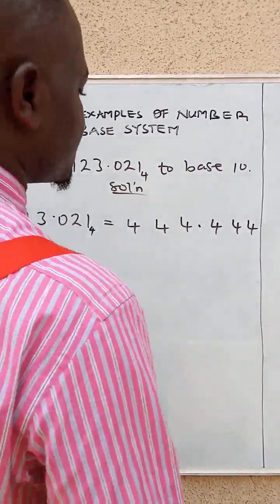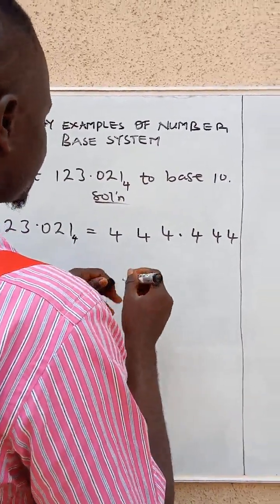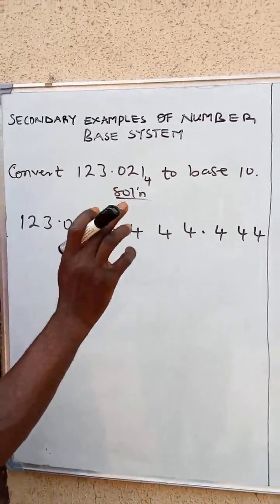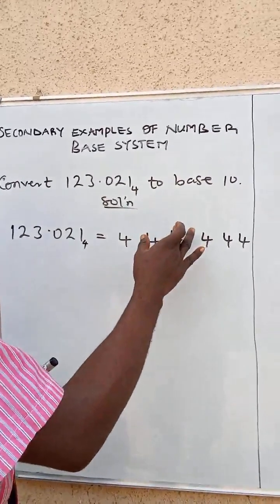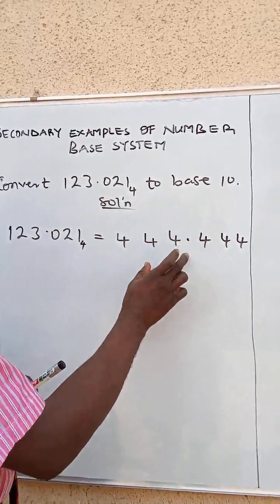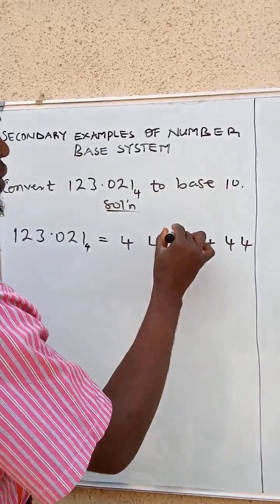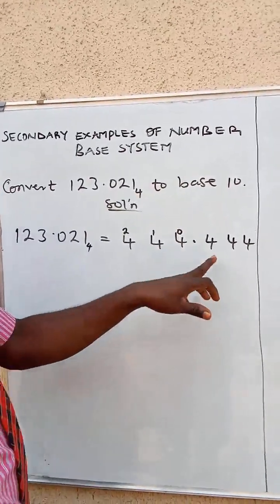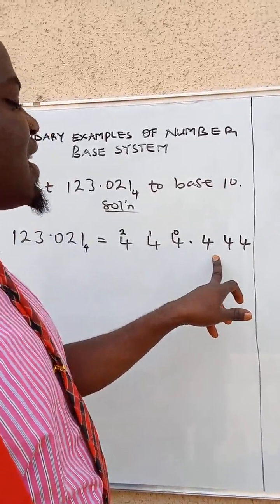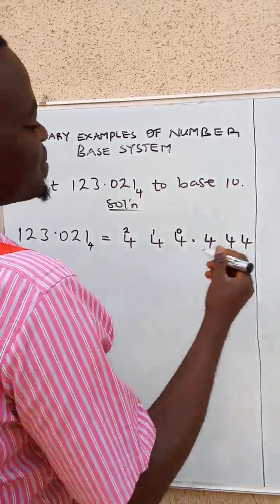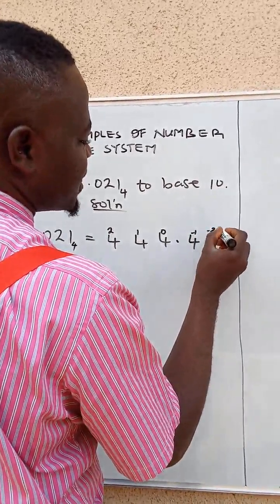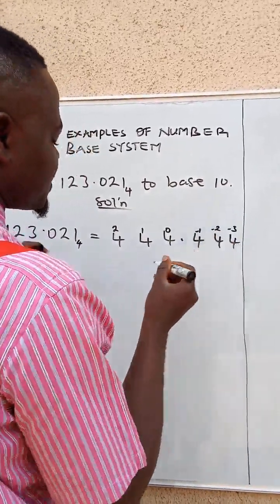Correct. Now from here, remember there are 3 numbers, so I'll start from 2, but the best thing to do, you start from 0. These are 2 different things because of this point. Start this 0, 1, 2. But when you come to this place, it's different. We'll start from -1, -2, -3.